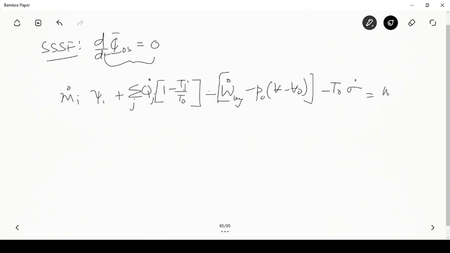This would be equal to m dot e psi e. So this would be your expression for steady state steady flow.